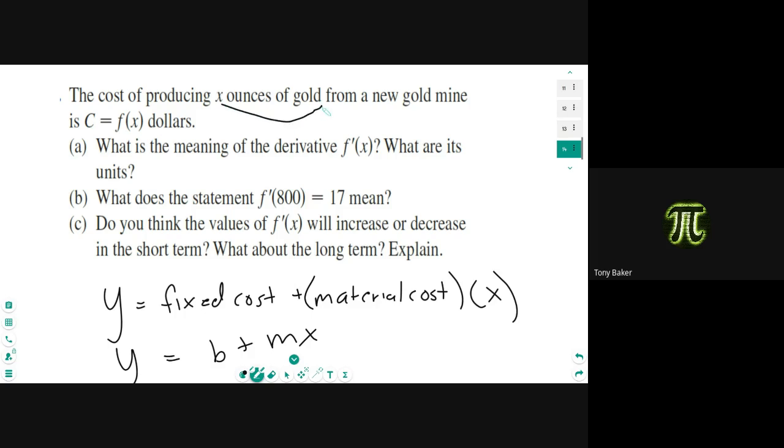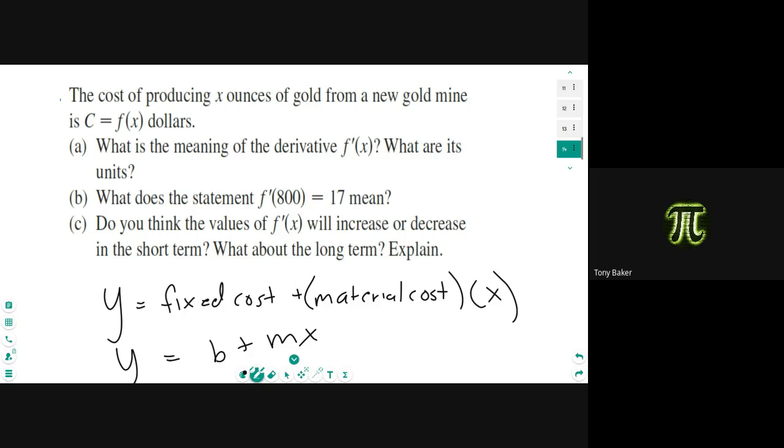So what does the 17 represent? It's dollars per ounce, right? Okay, so for 800 ounces of gold, at that exact point, it's costing me $17 per ounce to produce.